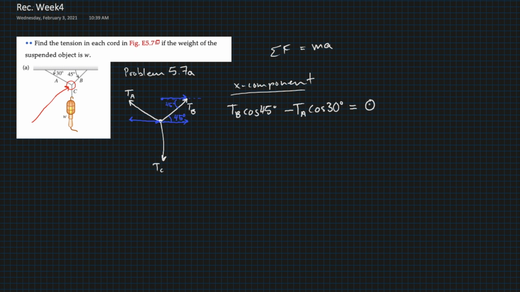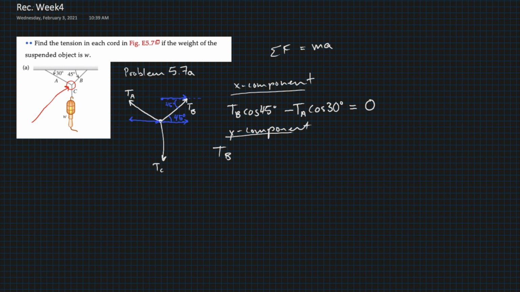And so that is our first equation that we're going to be working with for this problem. I can do the same thing, but for the y component pieces, which go through step by step for tension B.